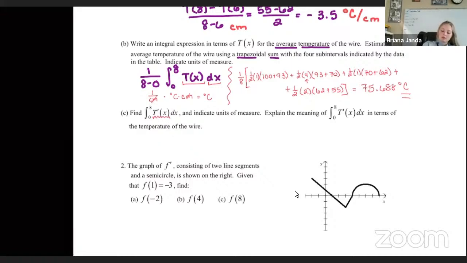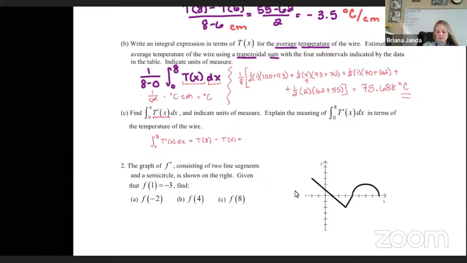So the fundamental theorem of calculus says that the integral from 0 to 8 of T prime of x dx will equal its antiderivative, T, evaluated at 8 minus T evaluated at 0. And again, those are just values that we can get in the table above.